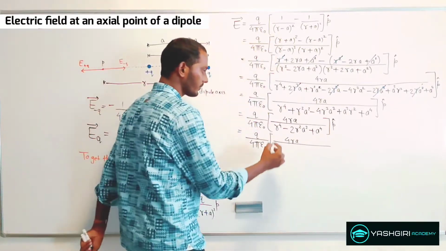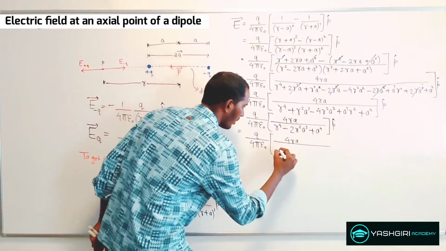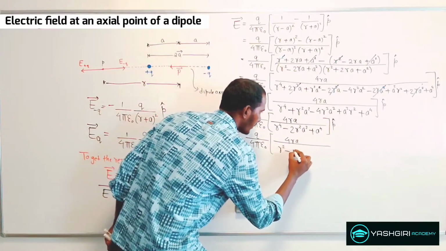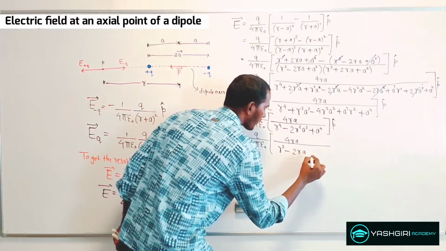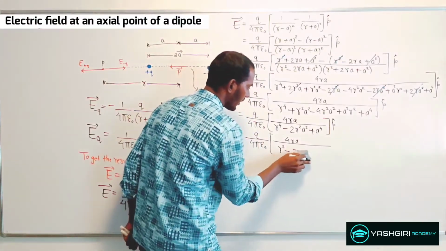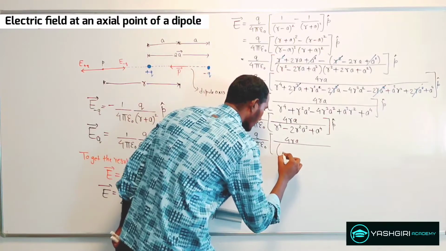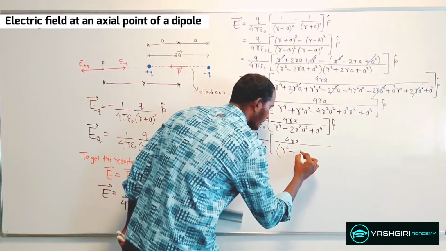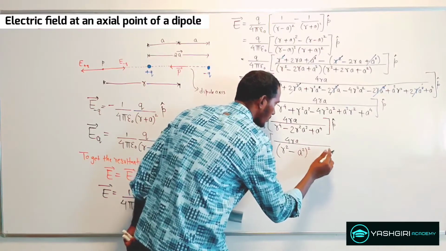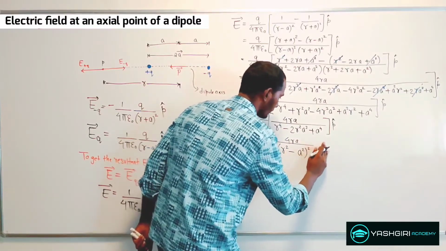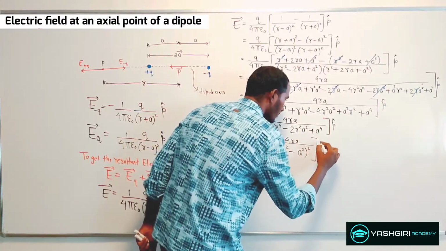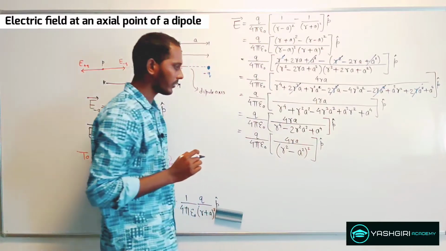So here this becomes R square minus 2 times the RA. I can just say that it becomes R square minus A square to the whole square. So that's the answer, and this is the P cap that I can write.